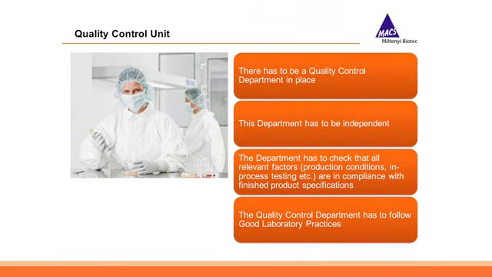And last but not least, since there is not only good manufacturing practice but also, for instance, good laboratory practice, the quality control department has to follow this good laboratory practice, which is mentioned in the FDA CGMP guideline. But you will find these references to the quality control unit throughout all the FDA CGMP guidelines.